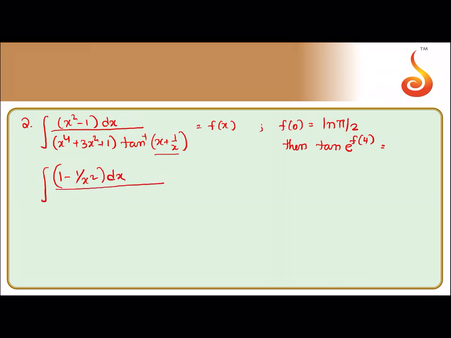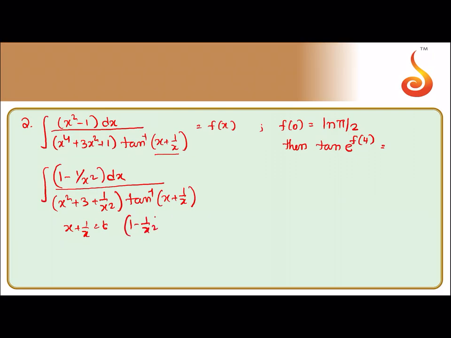So take x square common, 1 by x square dx. So the denominator becomes x square plus 3 plus 1 by x square, times tan inverse (x plus 1 by x).